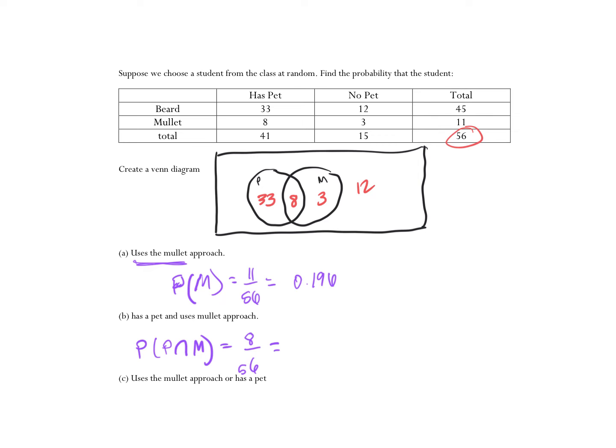When we do an and, we're saying what's the probability of something, right? And it's pet and mullet, right? And so we don't know they have a pet. That's a different chance event. Do they have a pet or not? And then do they use the mullet toilet paper? 0.143. Very good.